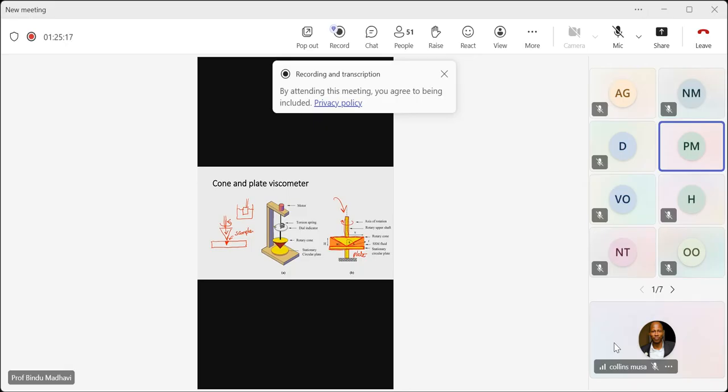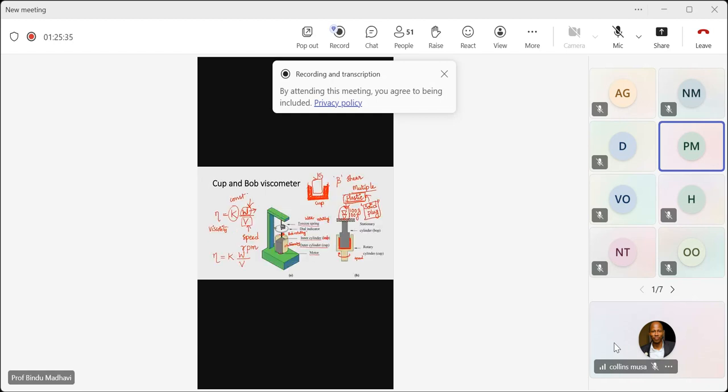It can easily spin because there is nothing resisting the spin of the cone, because the liquid put into the gap is very dilute. But if we have a viscous liquid, definitely it will experience some resistance to the movement and it will show lesser speed.